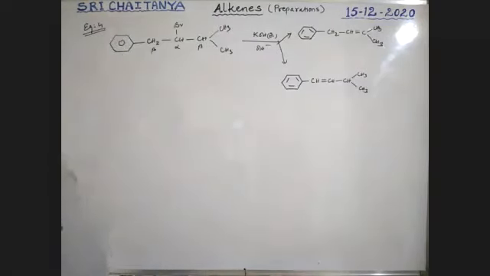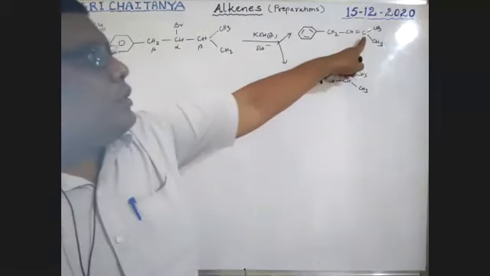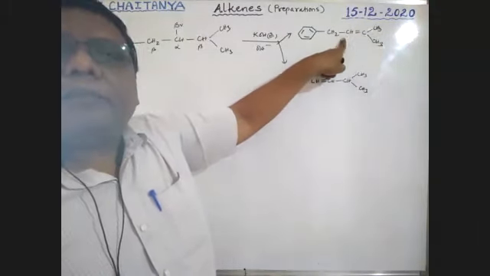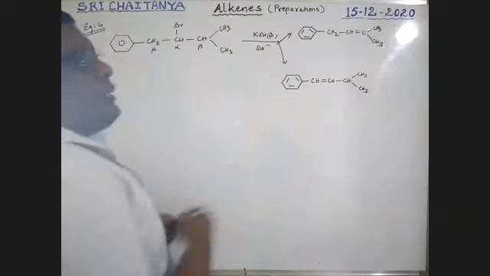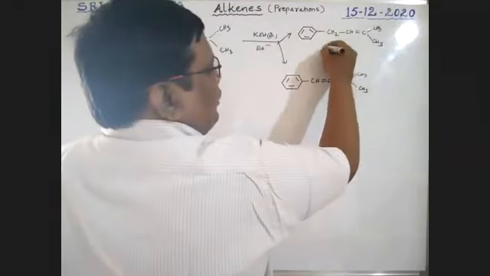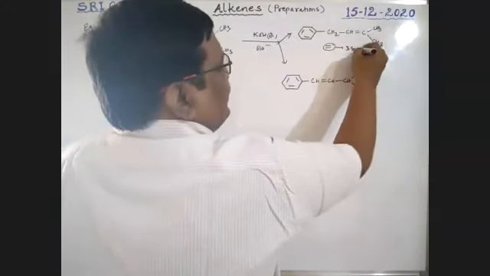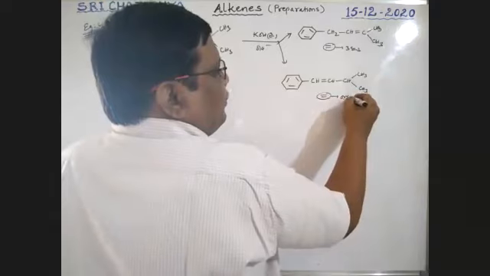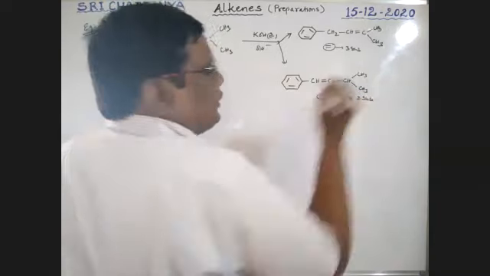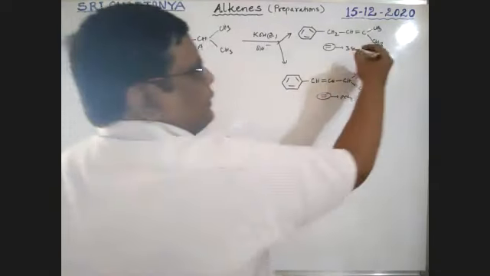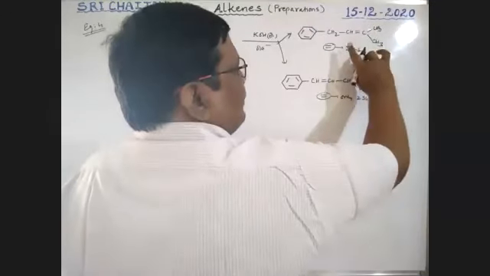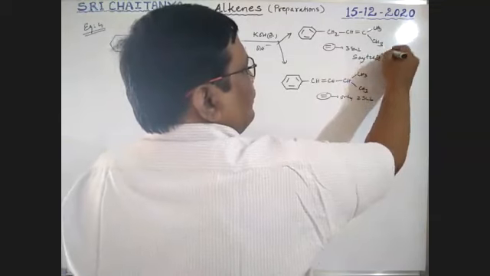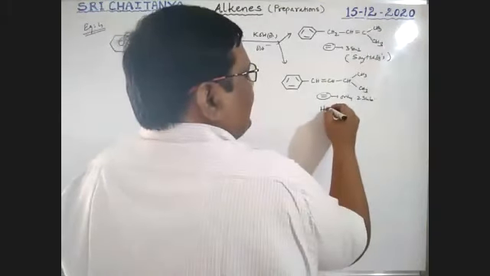Here, there are 3 substituents for the double bond. Here, there are only 2 substituents for the double bond. It is the Saytzeff product, and this is the Hoffman product.